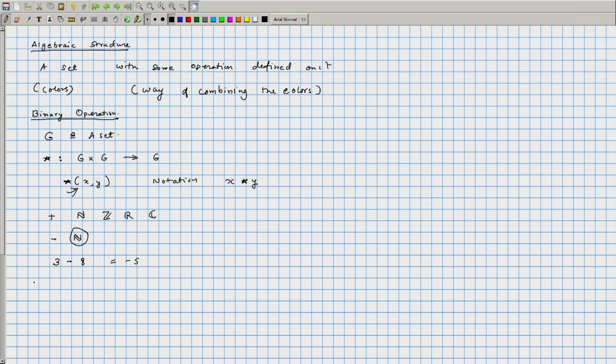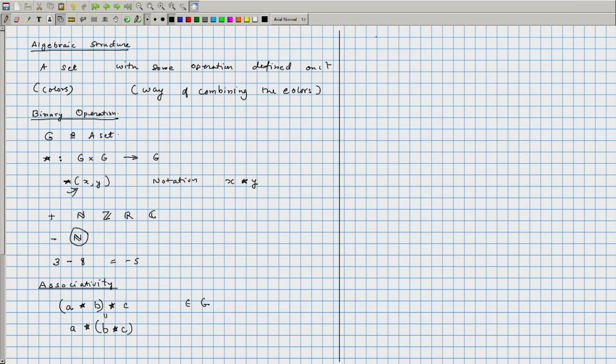So, in order to define what groups are, we will need another property known as associativity. So, if you have, let us say, elements A, B and C belonging to G, we could first combine A and B and then combine it with C, or we could have first combined B and C, and A is combined with the result of that. If these are both equal, then we say that the operation is associative.